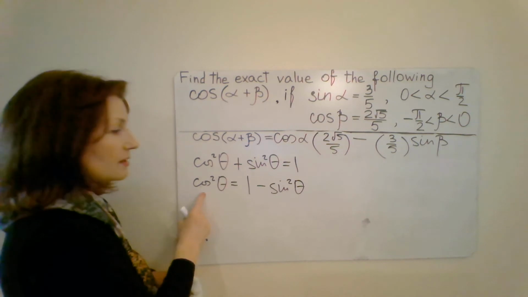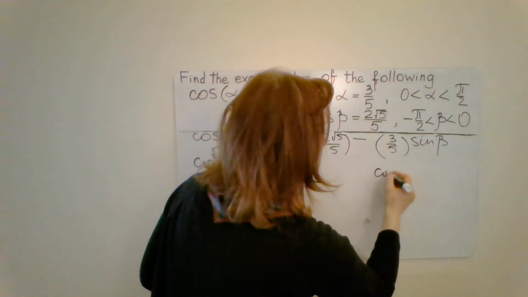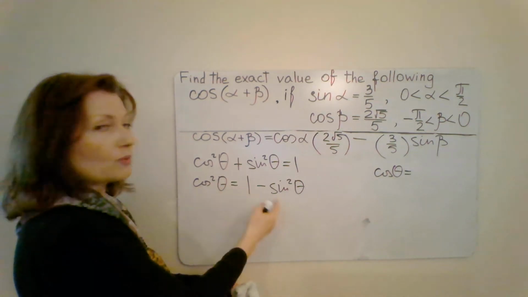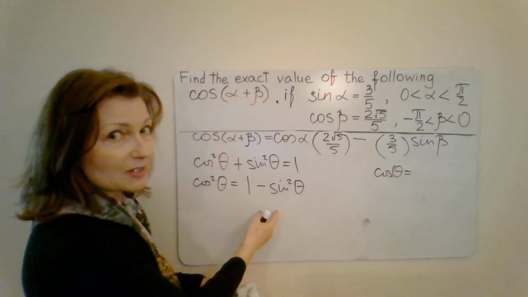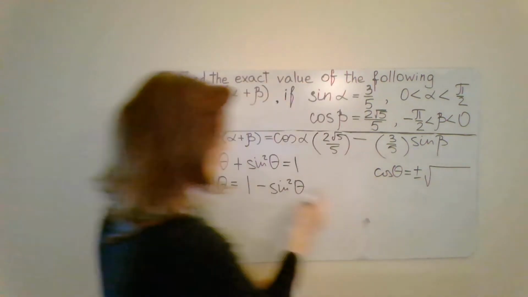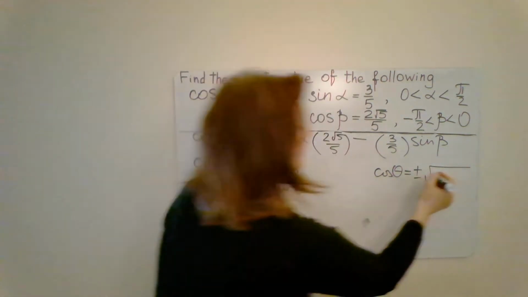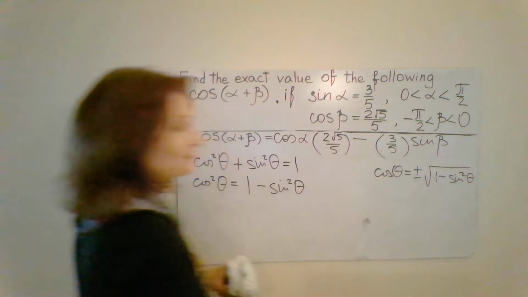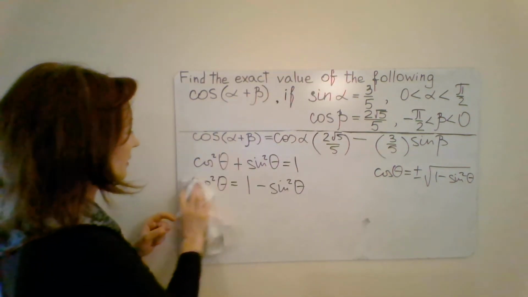So cosine equals, we square root both sides. Don't forget about plus or minus. Square root of this difference, 1 minus sine squared theta. This is one formula.